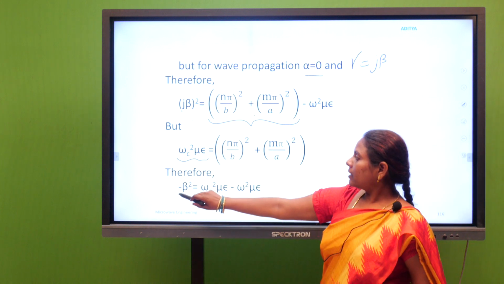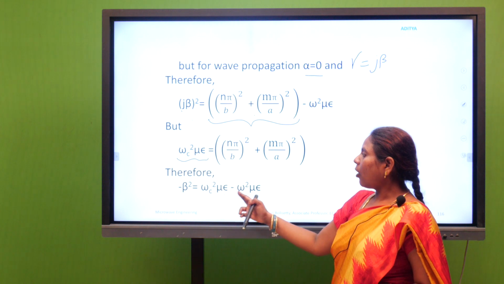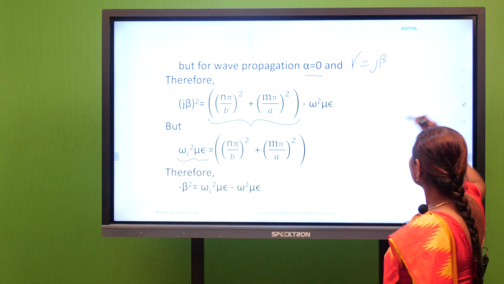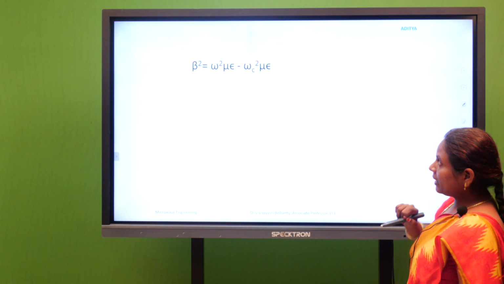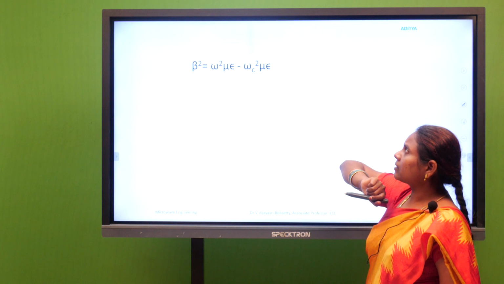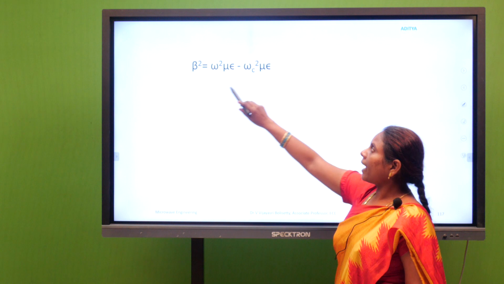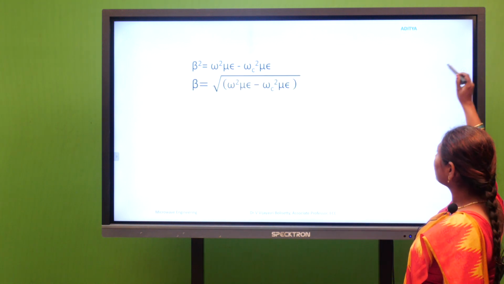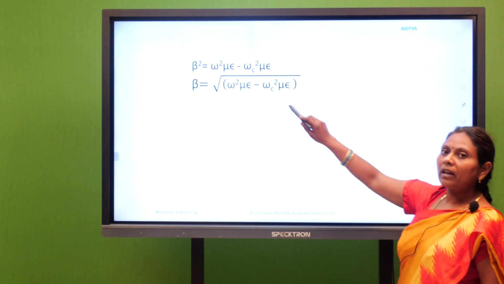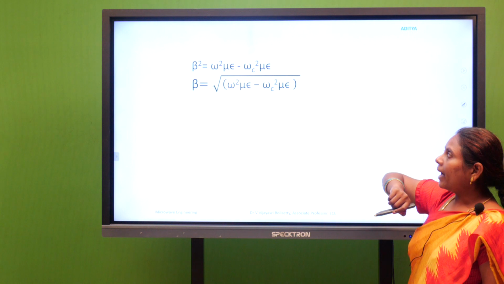So simply we can alter these terms to get beta square. Therefore beta square is equal to omega square mu epsilon minus omega c square mu epsilon. So beta can be obtained as the square root of this term. Okay. So beta is nothing but root of omega square mu epsilon minus omega c square mu epsilon.